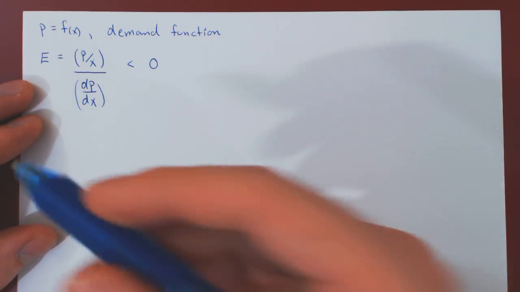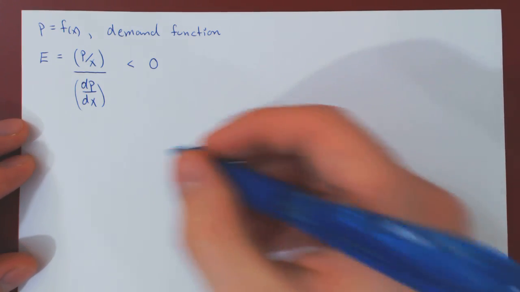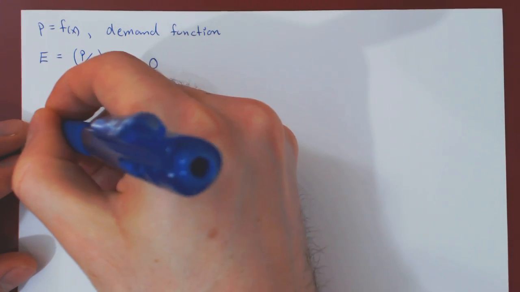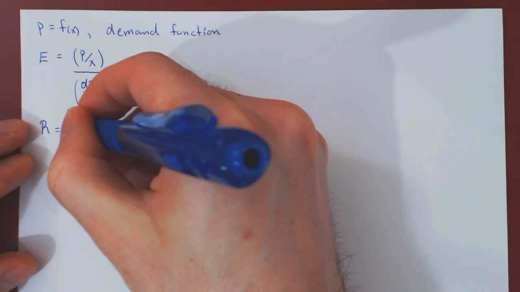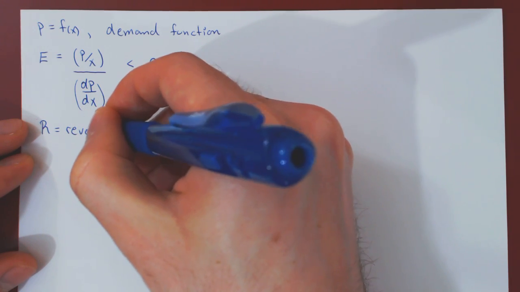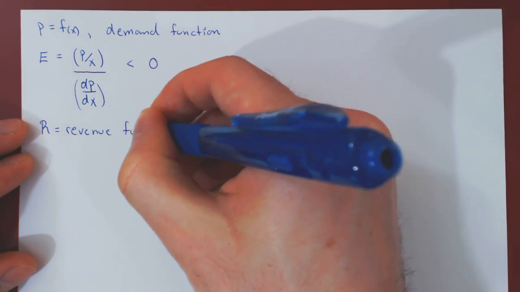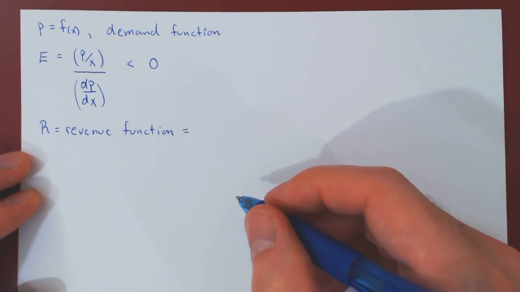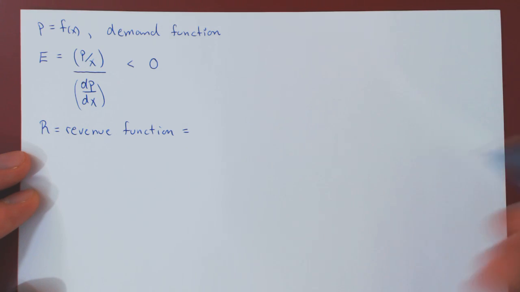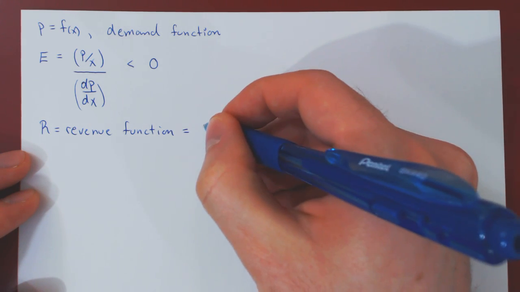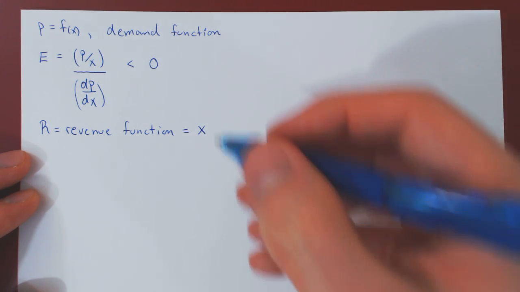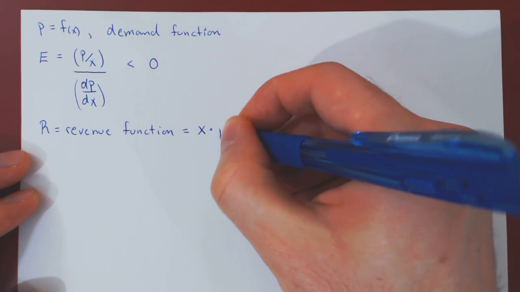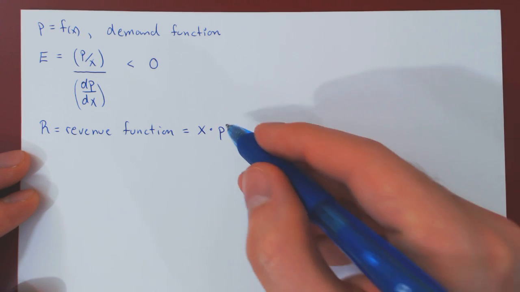We can also look at the revenue function. So R is the revenue function. It's a very simple function, right? To calculate your revenue, it is simply the number of units purchased by consumers times the price per unit.